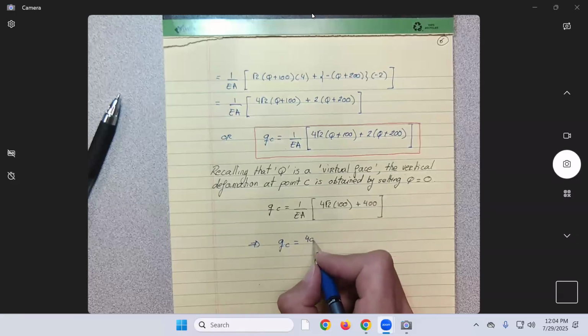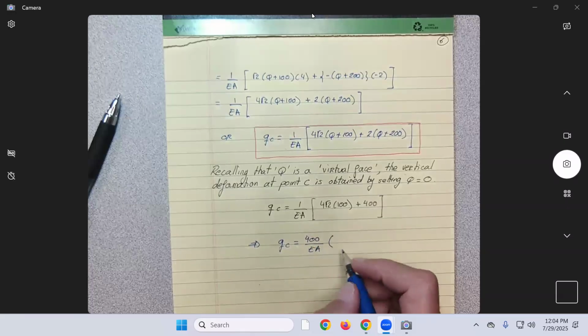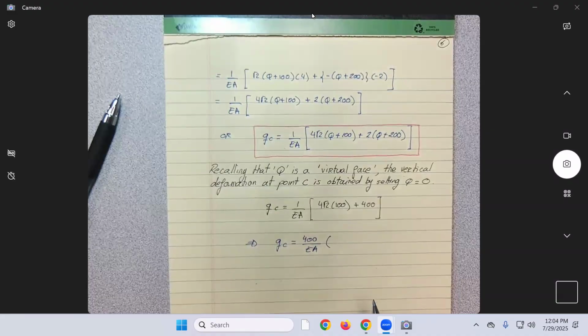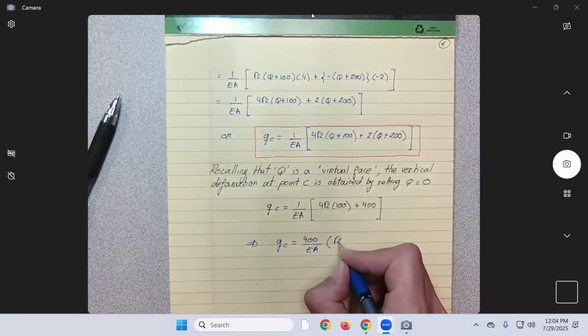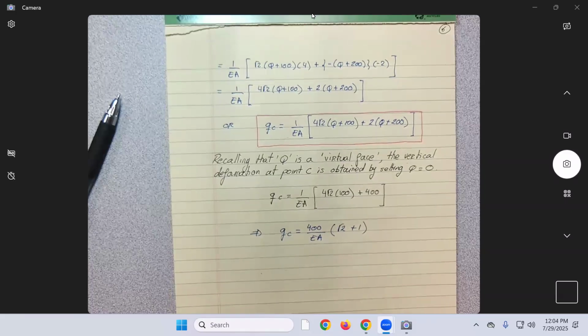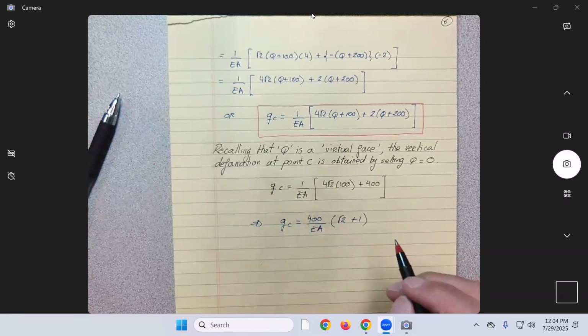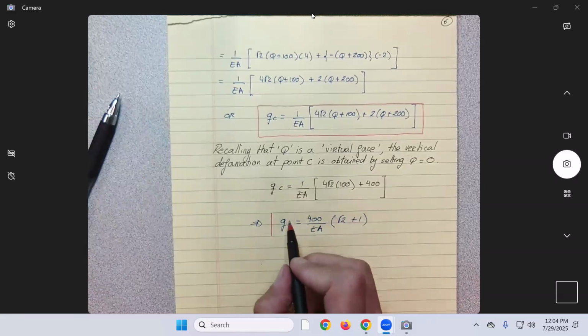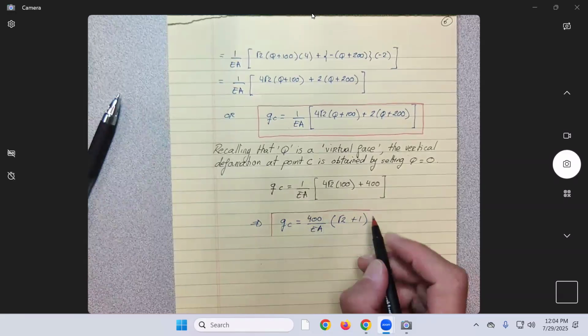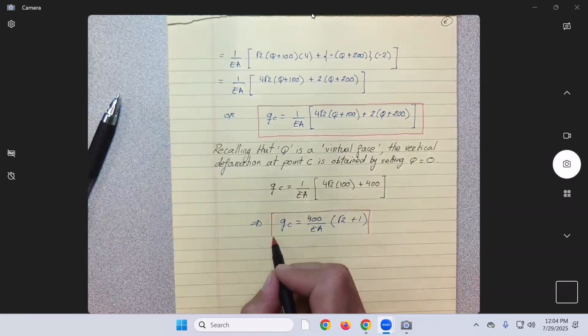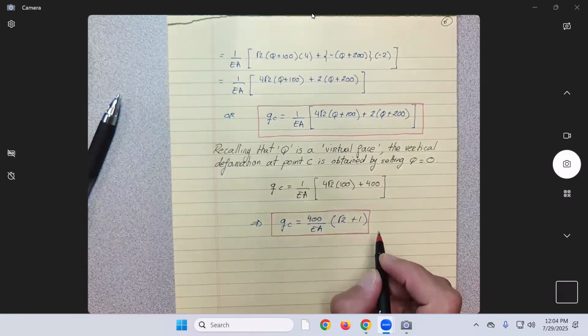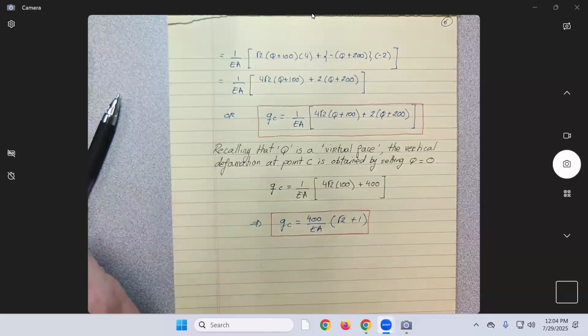So let's say we factor out 400 over EA times square root of 2 plus 1. Okay, so a lot of calculations, but at the end, the expression is not that complicated, no?